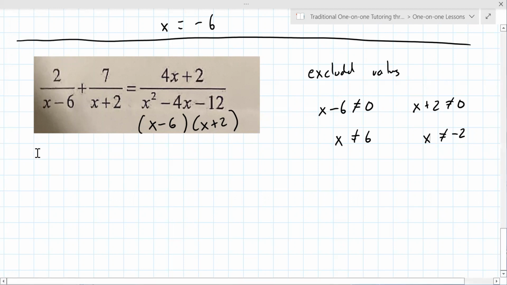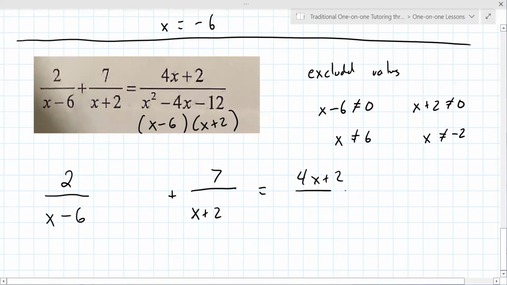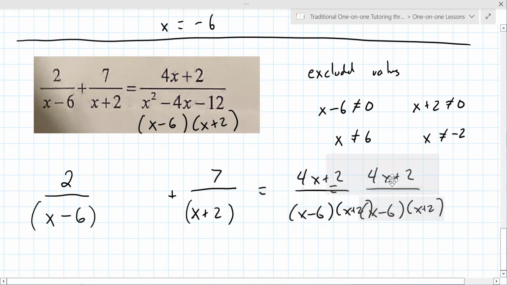All right, so now you have to decide what is missing from the bottoms for the common denominator. This is the hardest part, I think. It's like, what is missing? Well, the common denominator is the one on the right.